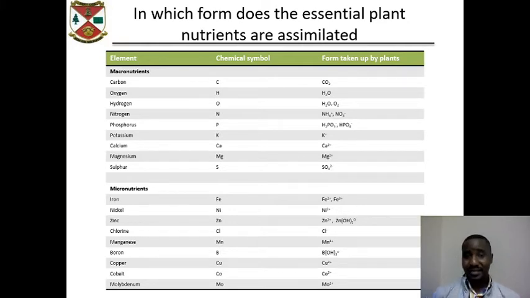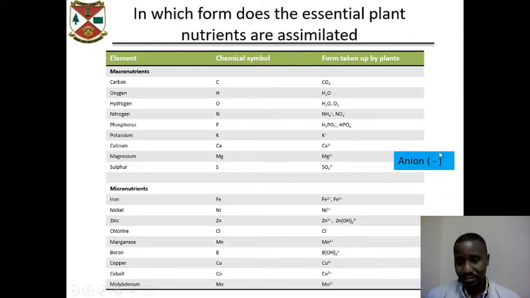now we said that plant essential nutrients can be taken up by the plant in three usable ionic forms. These forms are the negative form, which is an anion.